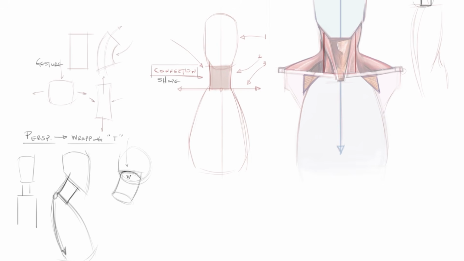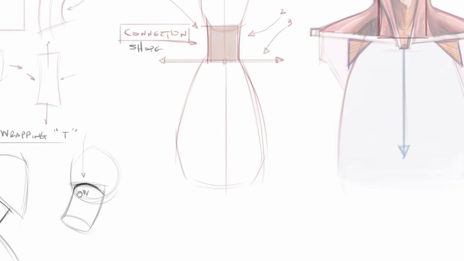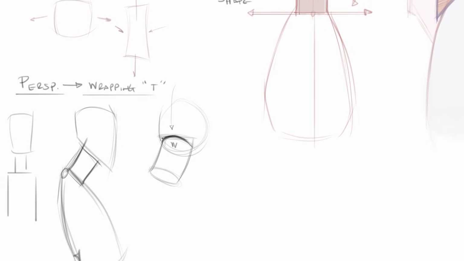So this here is a wrapping line that wraps the neck into the sphere of the skull shape, and then overlaps where I've pushed that form into the sphere to begin with. So there's a T, wrap.